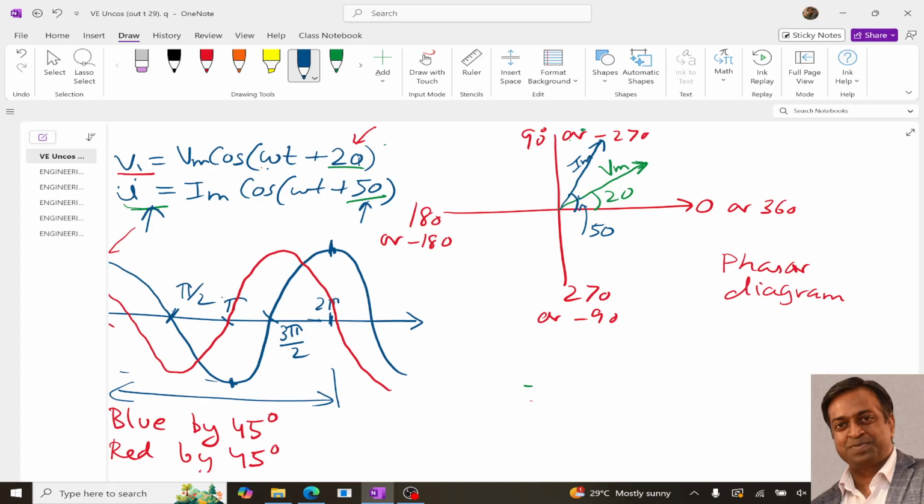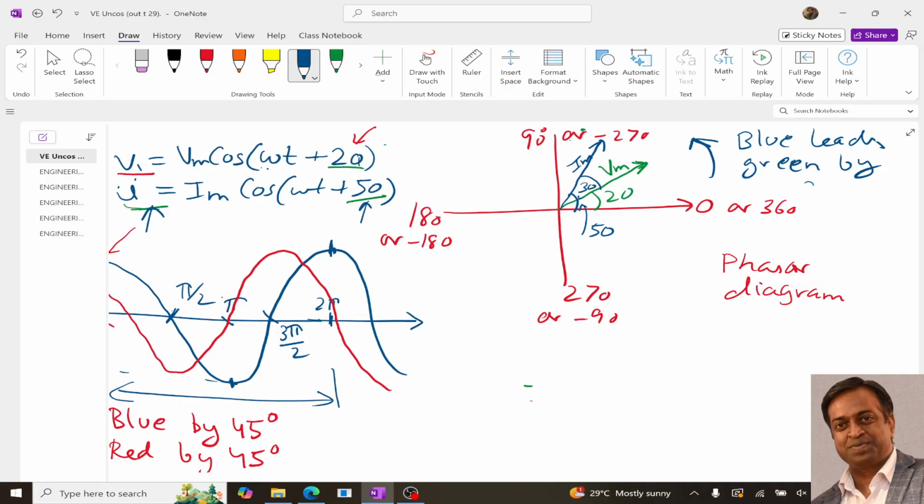Now from these phasors, or the vectors, you can see that this blue line, if we move in this direction, the anti-clockwise direction, the blue is leading the green, meaning blue is ahead of green. So we can simply say that blue leads green by what angle? The angle difference is 30 degree.